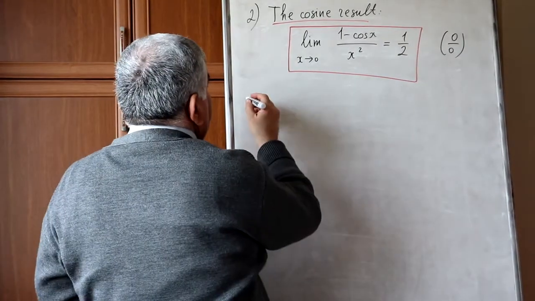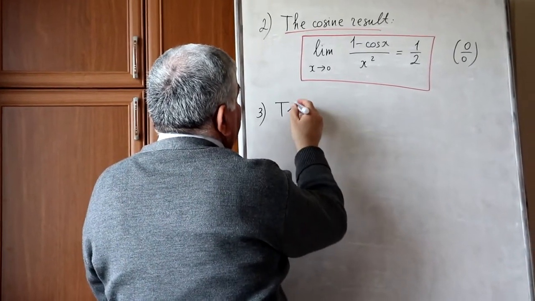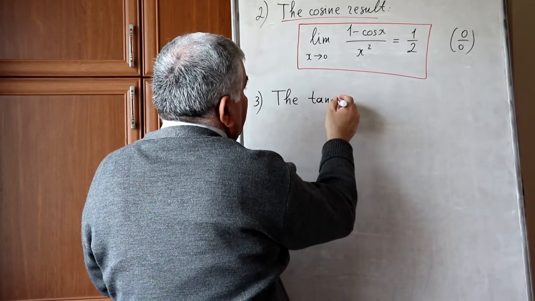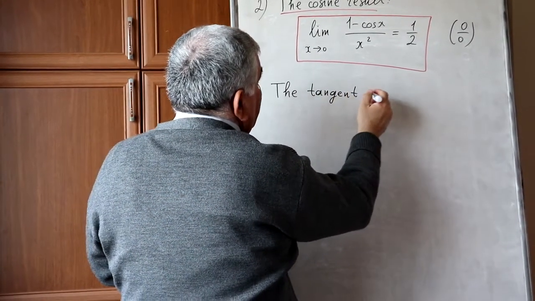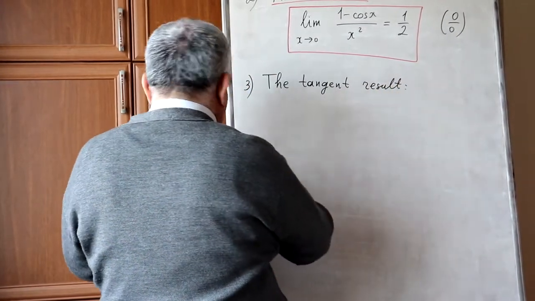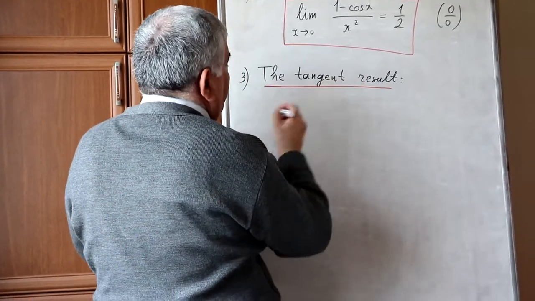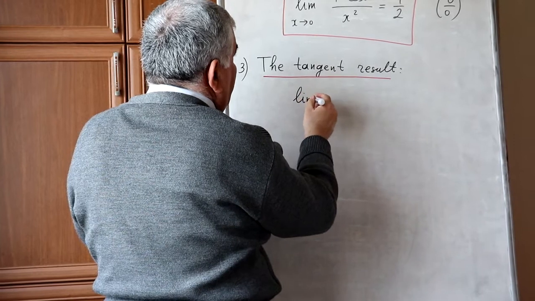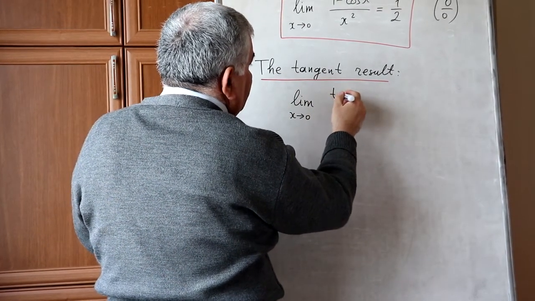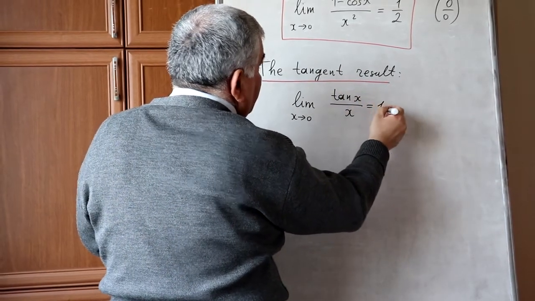Then the tangent result. Limit when x tends to 0, tangent x over x is unit.